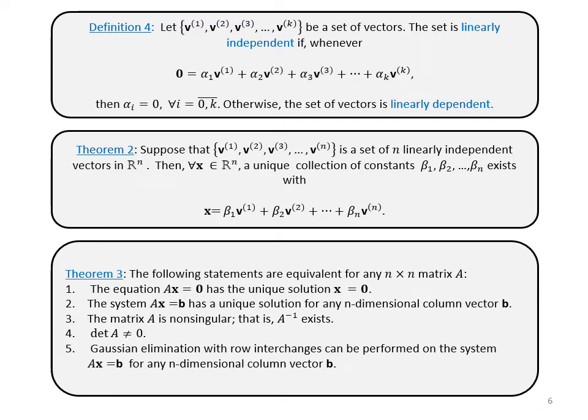First definition is the following. Let v1, v2, vk be a set of vectors. The set is linearly independent if whenever a linear combination of these vectors v and certain constants alpha equals the 0 vector, then all alpha i equal 0 for any i between 1 and k.